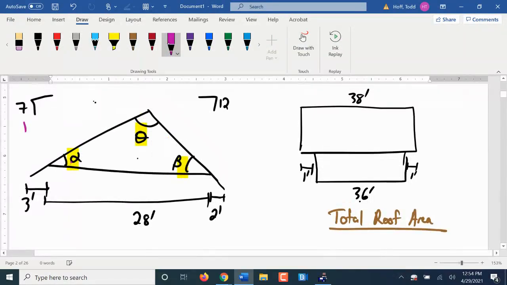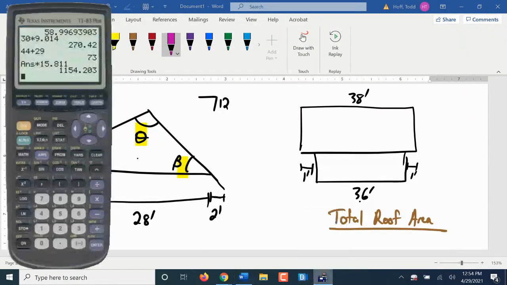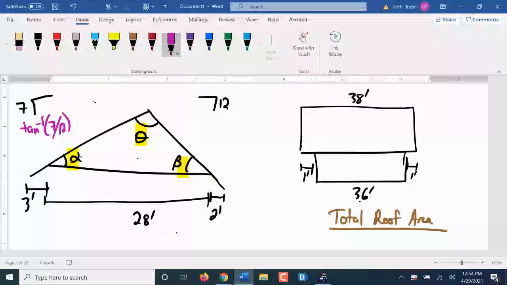Alpha is just going to be the inverse tangent of the 7/12 slope, giving us 30.26 degrees. Beta here will be the inverse tangent of our 12/12 slope, giving us 45 degrees for beta.